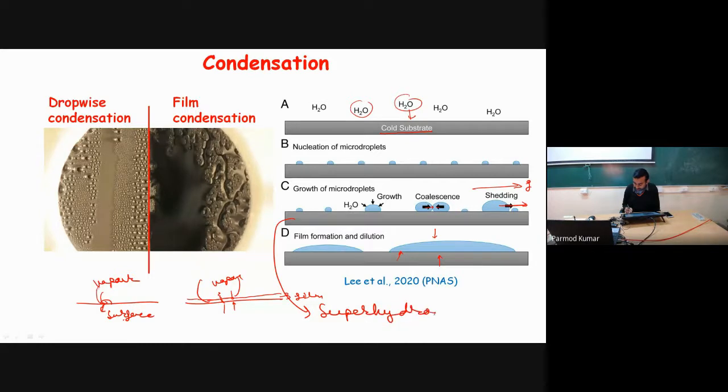A super hydrophobic surface allows less contact of the liquid with the surface, and at the same time, once a drop is growing, it will immediately try to remove the liquid droplet from the surface. If we have fast replacement of liquid drops, the film will not form, and every time we will have fresh contact of vapor with the surface.